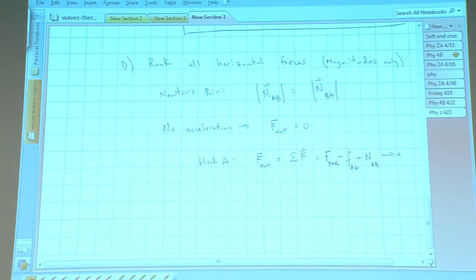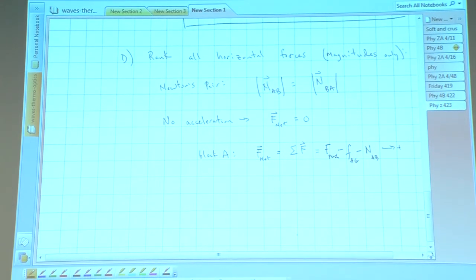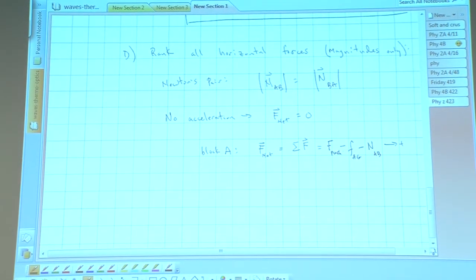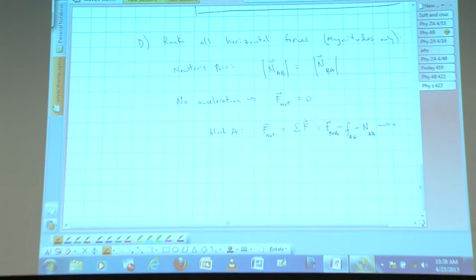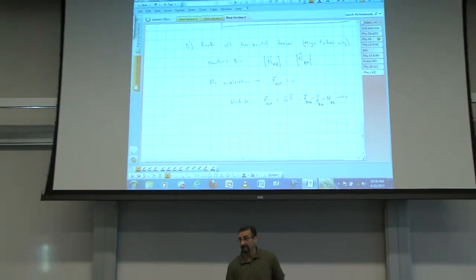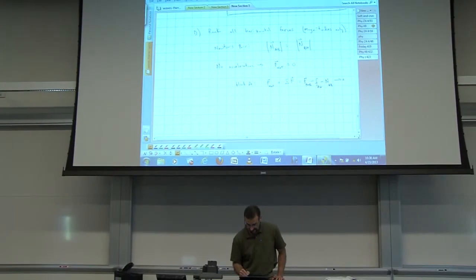And I'm not going to put vector hats on those because I'm taking the direction into account with those minus signs. So these are just the magnitudes.